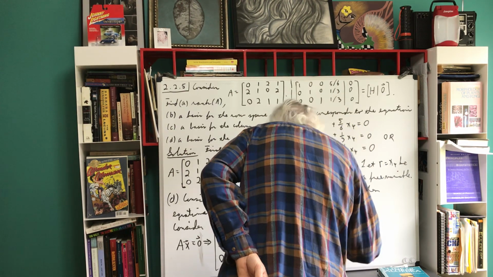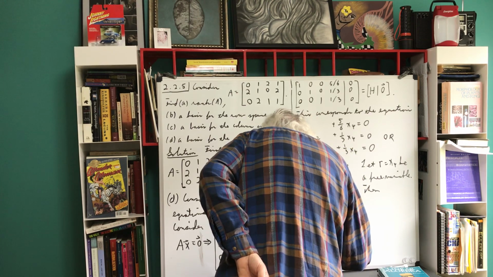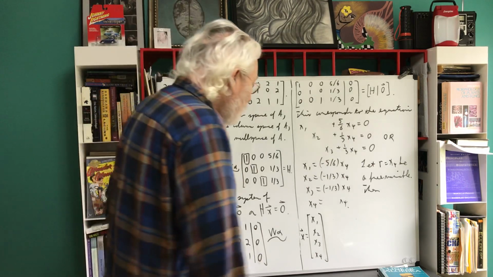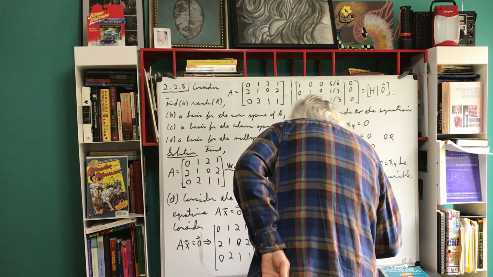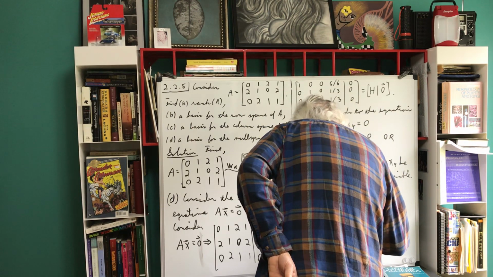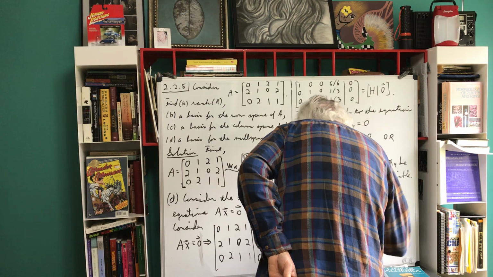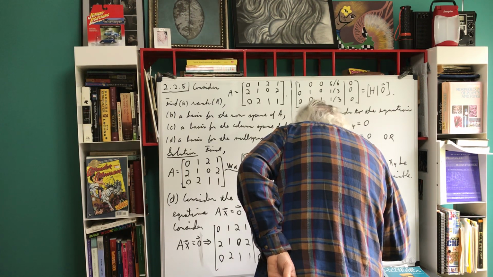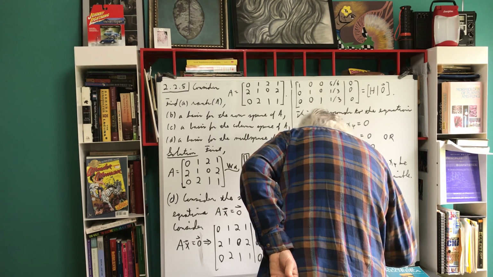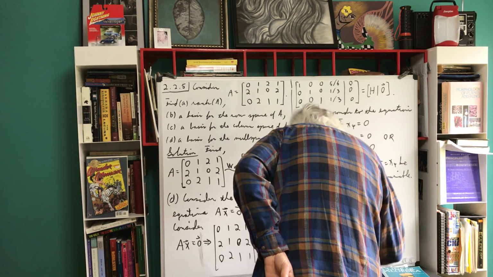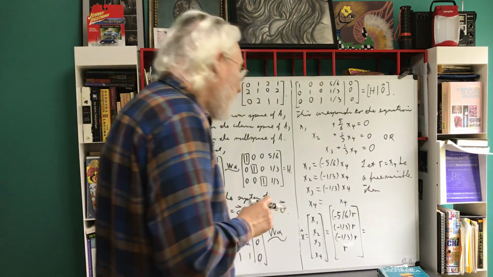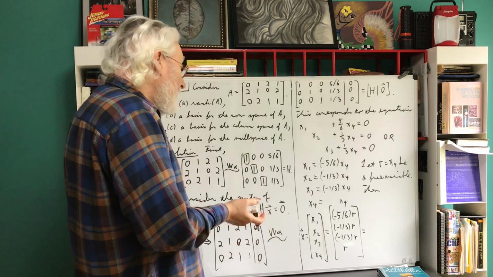We get the systems of equations translated into, say, the x vector with components x1 through x4 equals -5/6 r, -1/3 r, -1/3 r, and then x4 was just r itself.